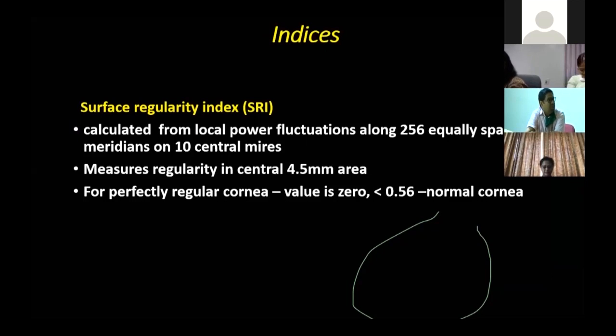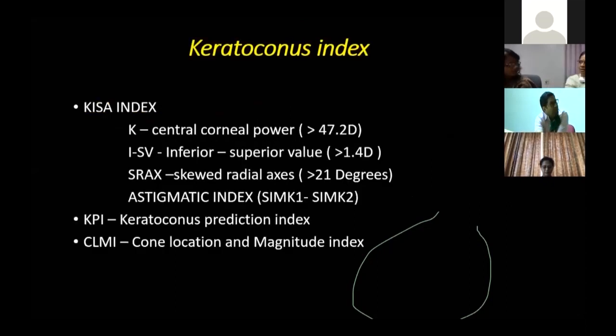In a normal cornea, it should always be less than 0.56, and in a perfectly regular cornea the value is 0. So anything less than 0.56 SRI is considered a normal cornea.